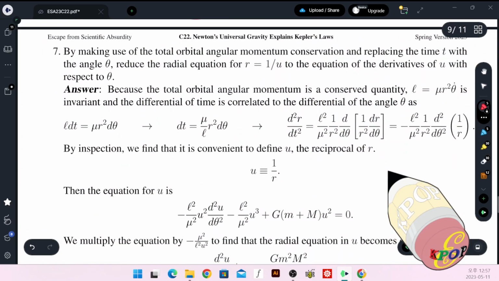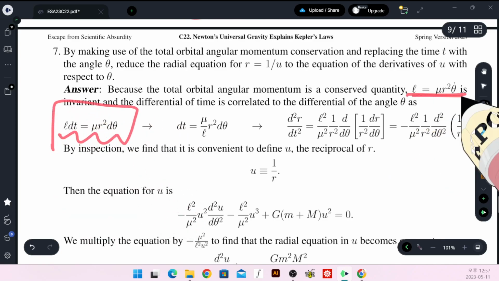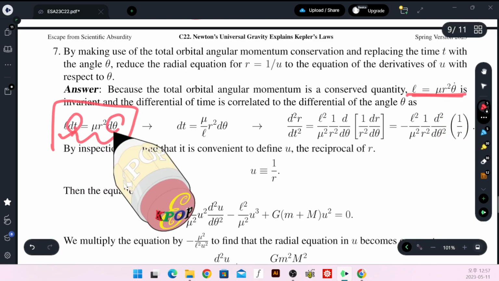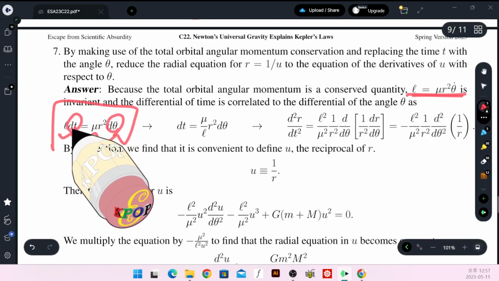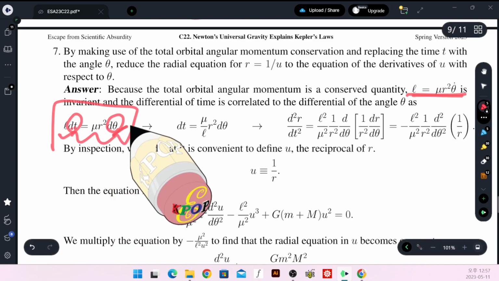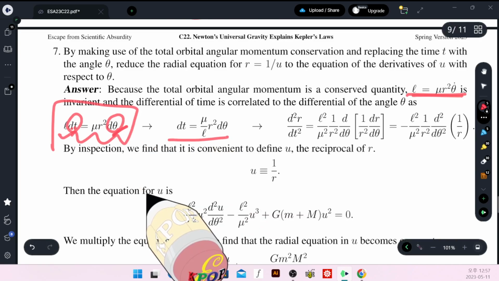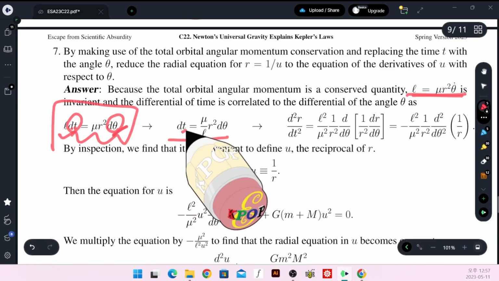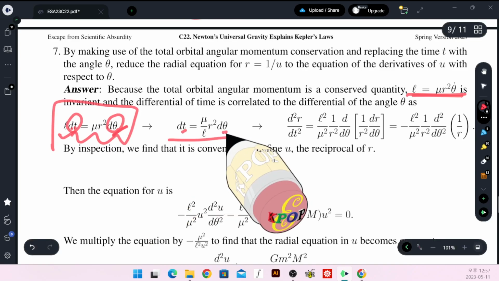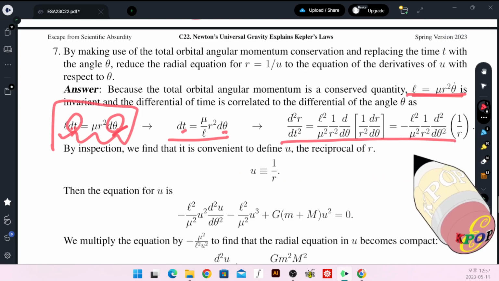This is orbital angular momentum conservation, from which we can find the relationship between the time development and the change in angle in orbit. Therefore, we can make a change of variable from time to angle, and details are given here.